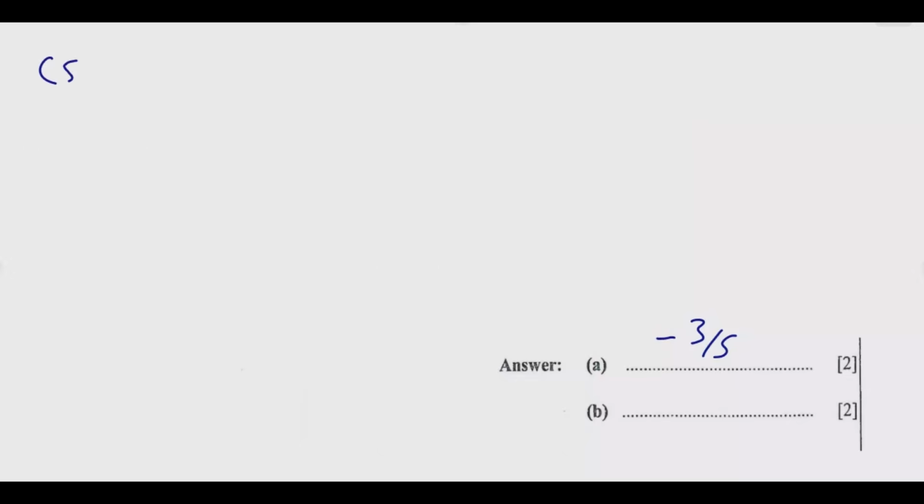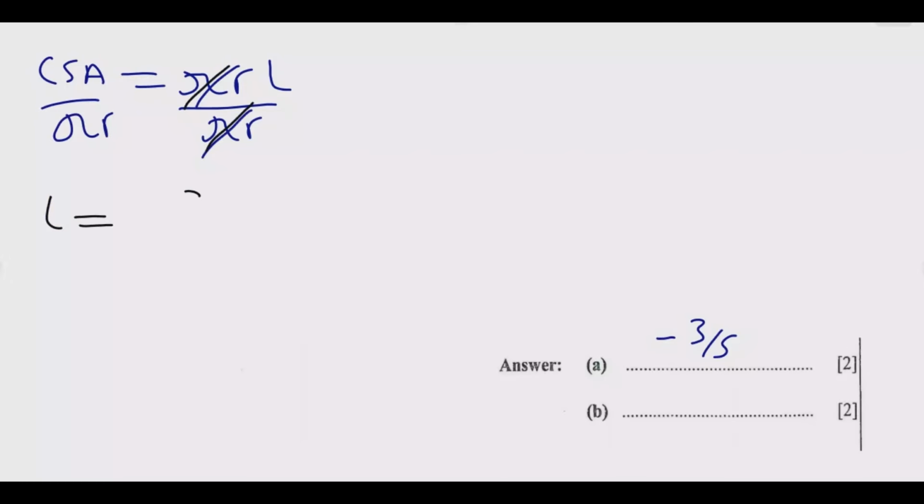So curved surface area is equal to pi r L. That's what it is. So we know what we are looking for. Let us make L the subject of formula so that it's easier. So we divide by pi r. So L is equal to curved surface area divided by pi r.